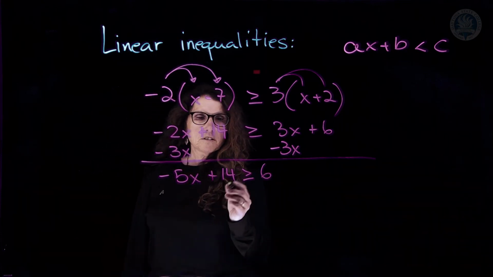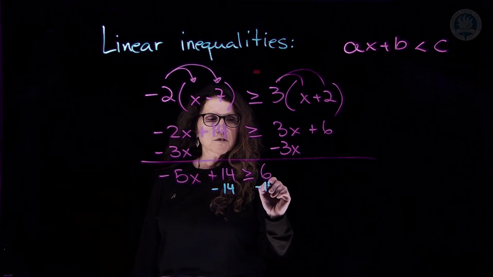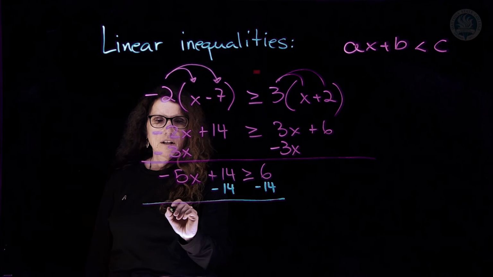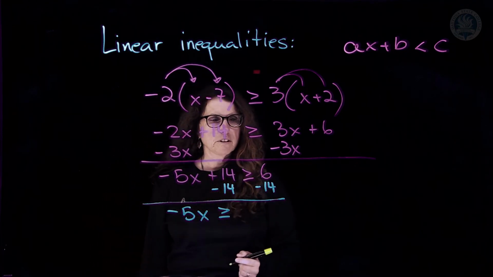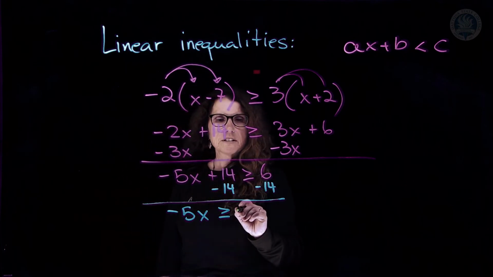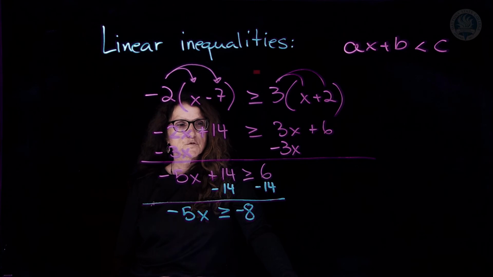The 14 needs to go to the other side by again doing the opposite, minus 14. -5x is greater than or equal to -8. 6 minus 14 is negative 8.